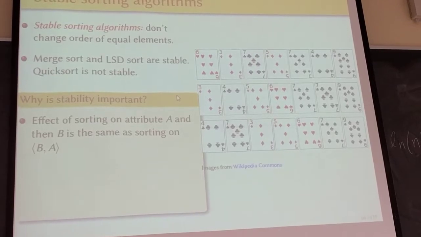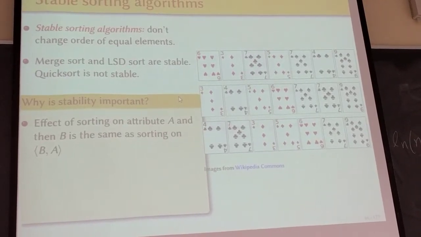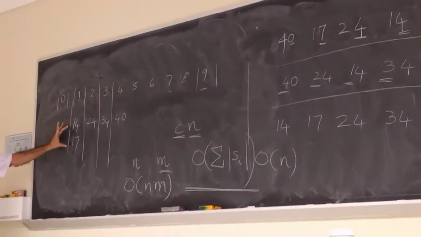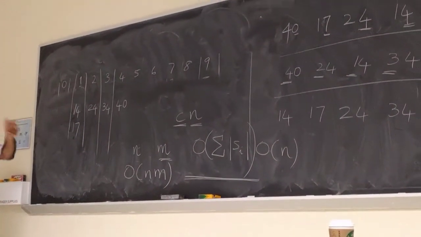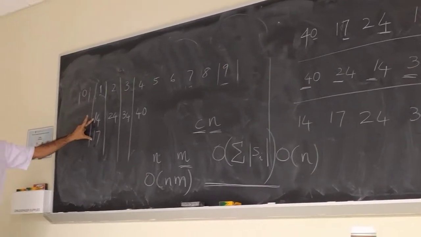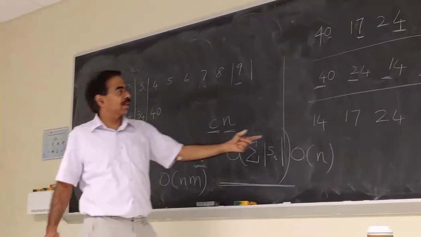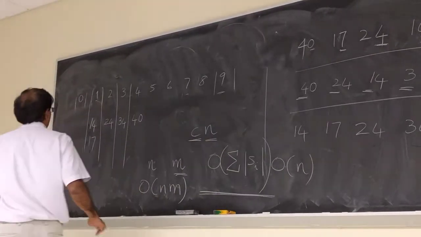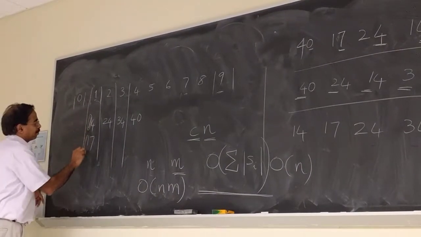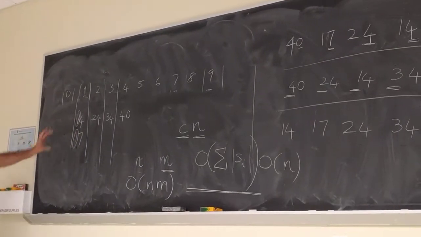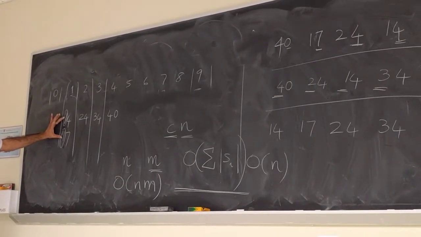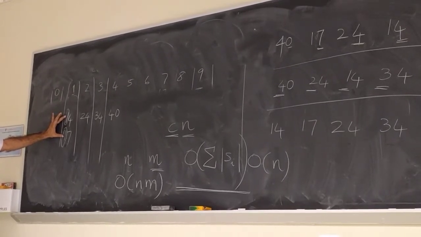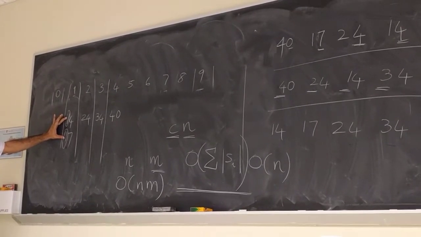So in this case, we already had 17 appearing after 14, right? If in the second round of Radix sorting, we preserve this order, then we would end up with the numbers in the right order. But if we didn't preserve the order among elements that have equal value, again, remember at the second stage, we are only comparing the first digit, right?